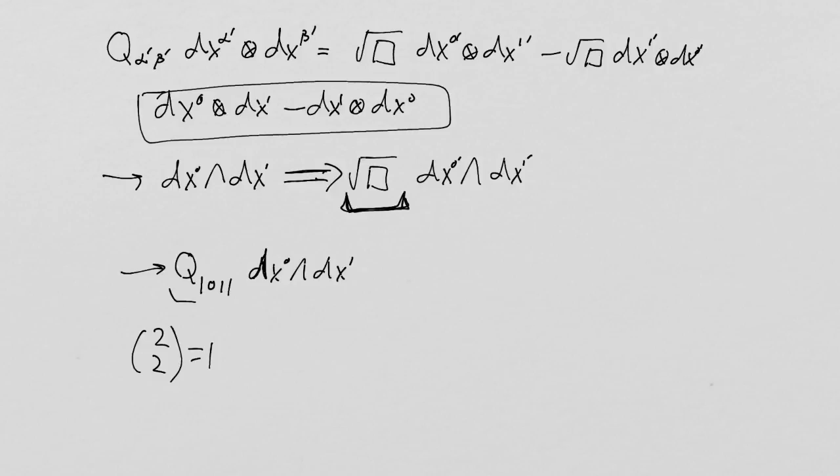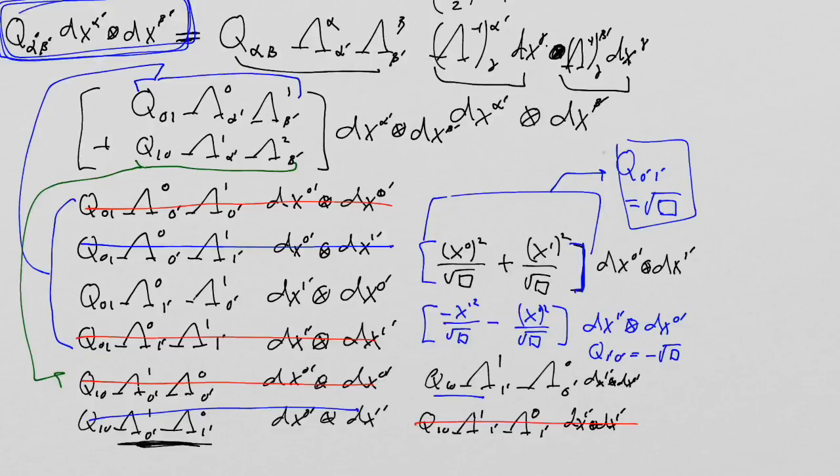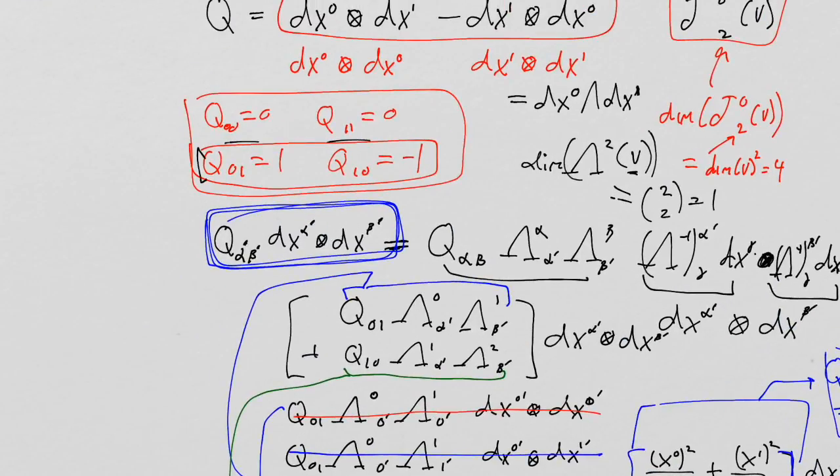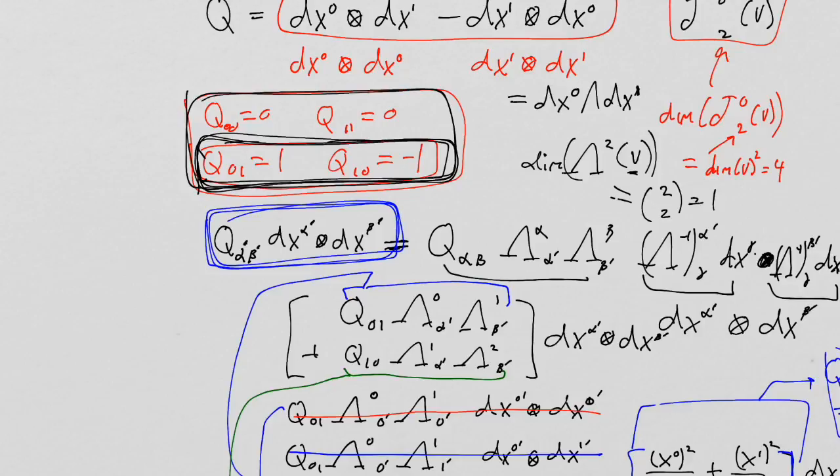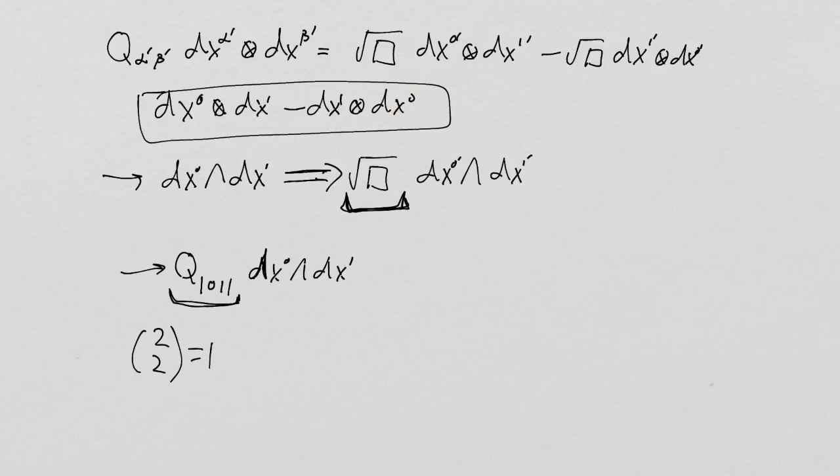So we're asking, how does this single thing transform? Notice our other question had to be, how do these 2 things transform, because there were 2 components. In fact, we really need to know how all 4 of them transform. But ultimately, we have these 2 components here that are non-zero, and here we have 1 component.